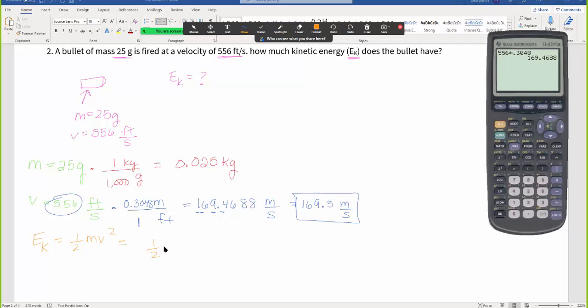So it's 1/2 times the mass, which was 0.025 kilograms, and then the velocity is 169.5 meters per second, and that has to be squared. All right, plugging that into the calculator here.